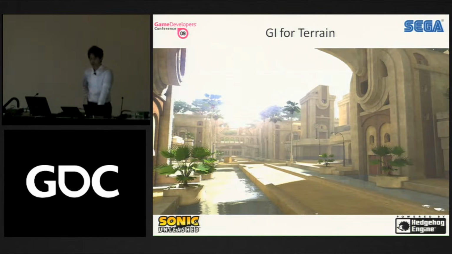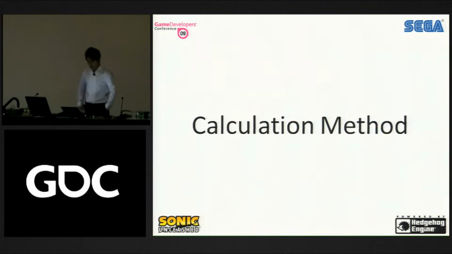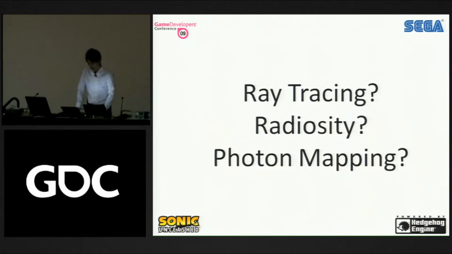Chapter 2. Global Illumination Algorithm for Terrain. Now, first of all, let me talk about GI for terrain. Let me tell you about how we calculated this. Or how can we calculate this?